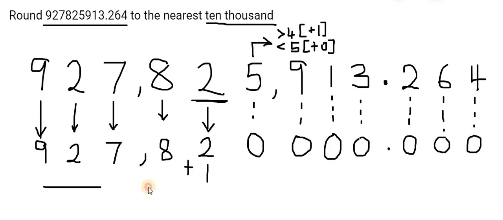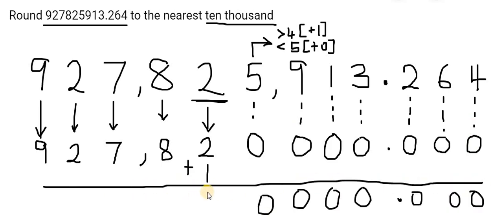Now when I complete my addition, 2 plus 1 is 3, that's 8, 7, 2, 9, so do my 3 numbers and then a comma again. So basically, rounding this number here to the nearest 10,000 is 927,830,000.